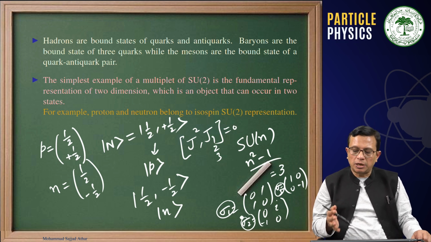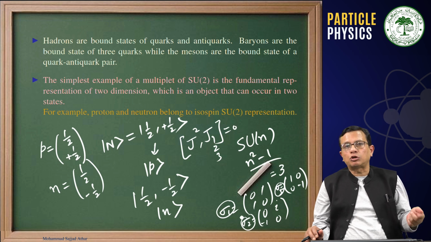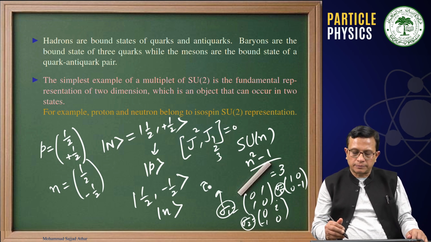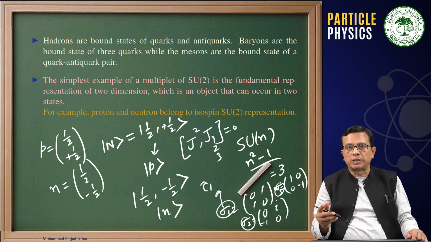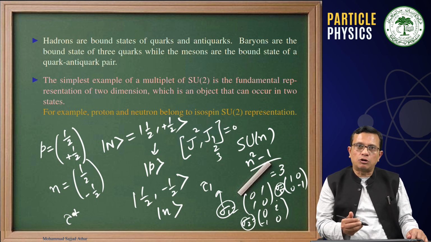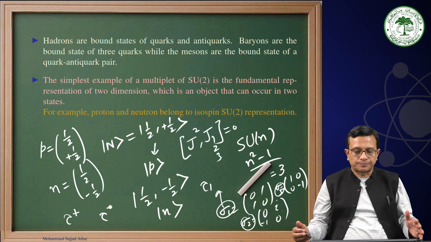Now, similar to sigma 1, sigma 2, sigma 3, we also introduced isotopic spin operators, which instead of sigma 1 we call tau 1, tau 2 and tau 3.